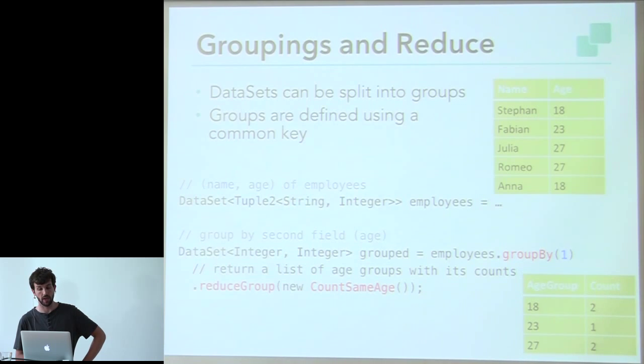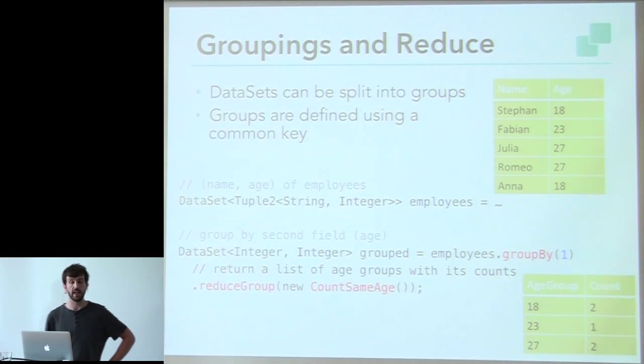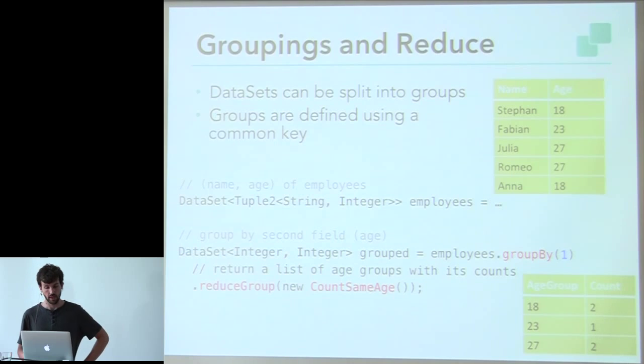So if we, for example, have as input a table of names and ages of persons, you could group on the age, if you want to know how many people are contained in an age group, and then reduce these groups by summing up all the counts of the people that are in the same group.